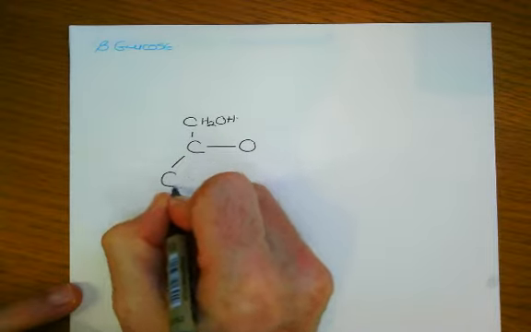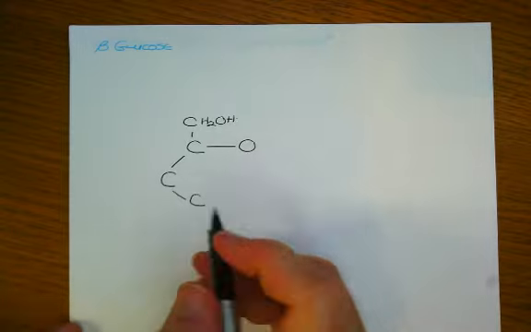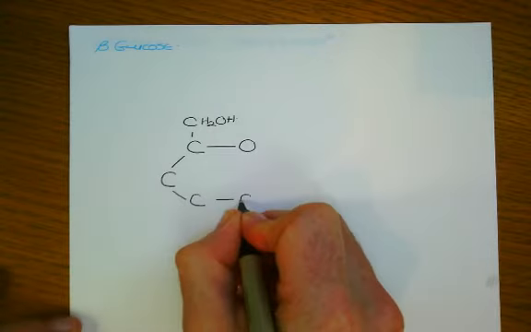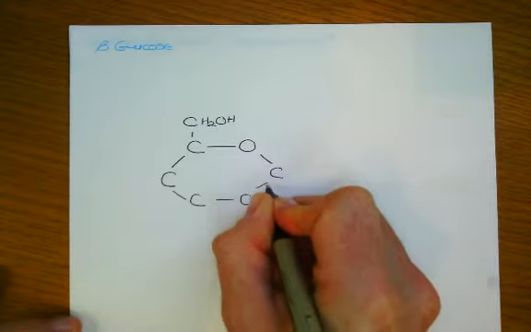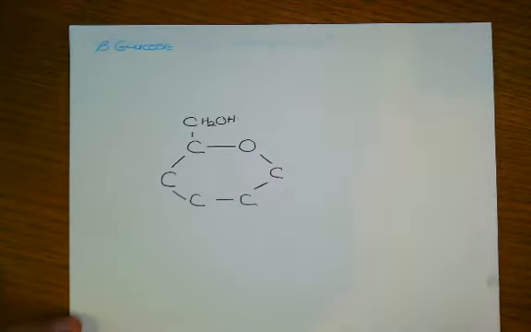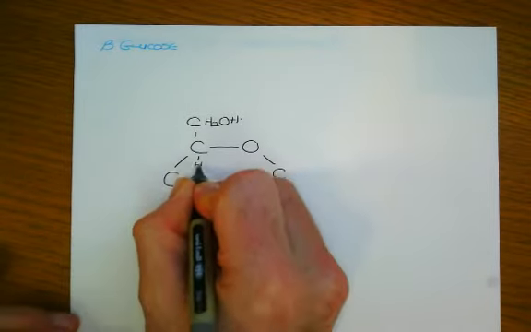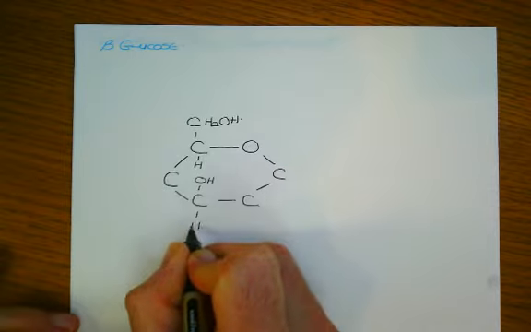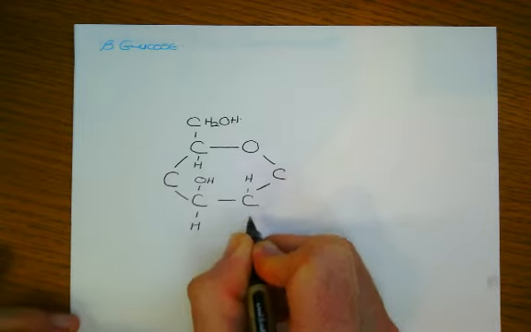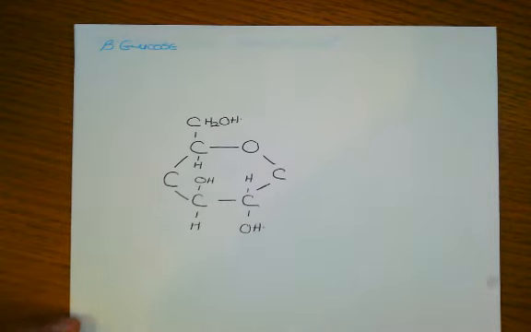So it's bonded to the oxygen, and we get that hexagonal kind of shape going on again, from carbon 4 to carbon 3, to carbon 2, to carbon 1. We can put in the little H here, we can put in the OH group here, the hydrogen here, the hydrogen here, the OH group here.